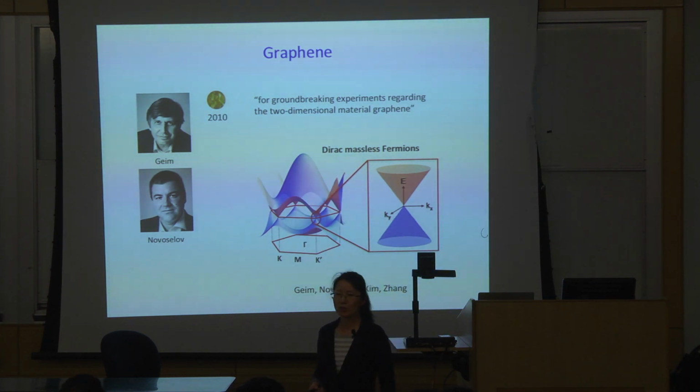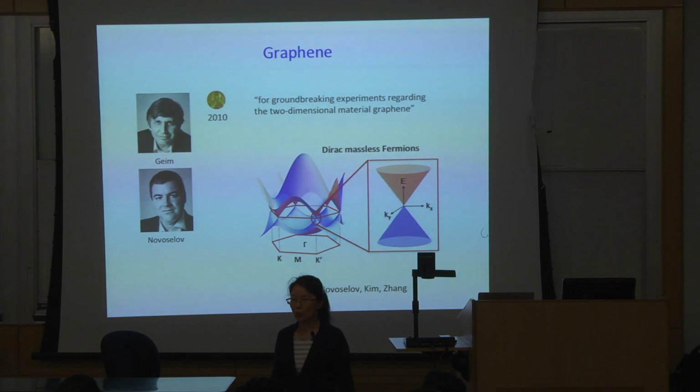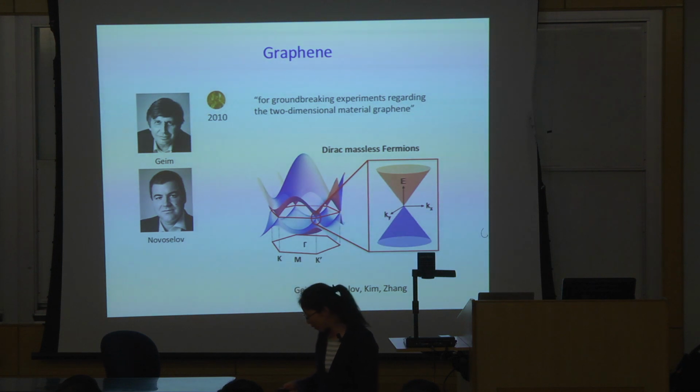And a lot of interesting physical properties actually emerge because of the linear dispersion, I mean the energy versus momentum in this linear shape near the Fermi level, where low energy physics matters.